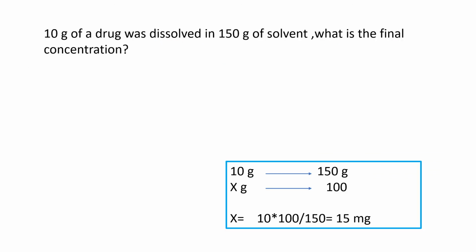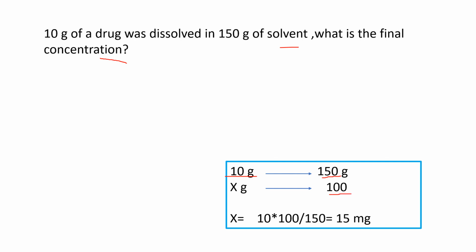The last question of this video is, 10 gram of a drug was dissolved in 150 gram of the solvent. What is the final concentration? Here also we will be doing the cross multiplication. 150 gram of the solvent contains 10 gram of the drug. So what is the final concentration? In final concentration we will be taking 100 gram of the solvent.